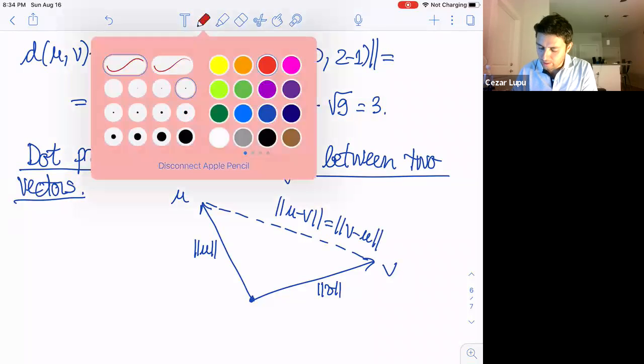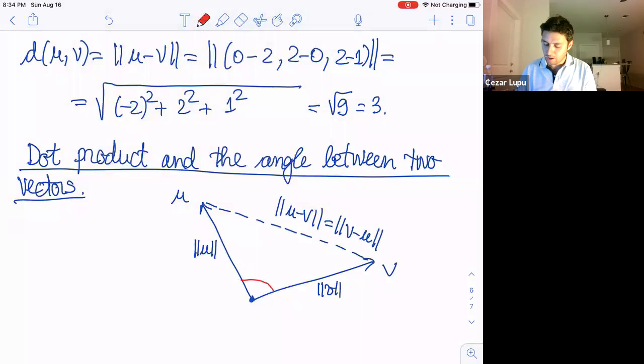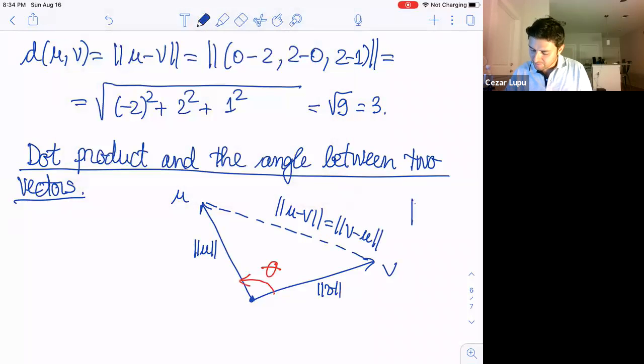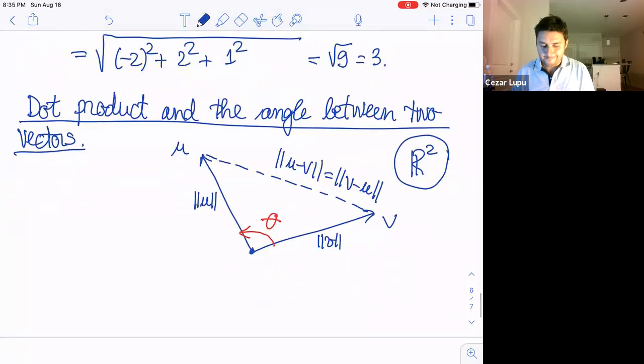And now between these two vectors, I have this angle theta. And we want to find out this angle theta. So again, this is in R2. Well, R2 will serve as a model. And now let's see.